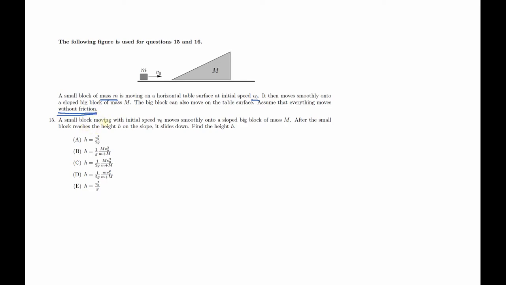A small block moving with initial speed V0 moves smoothly onto a sloped big block of mass M. After the small block reaches the height h on the slope, it slides down. Find the height h.